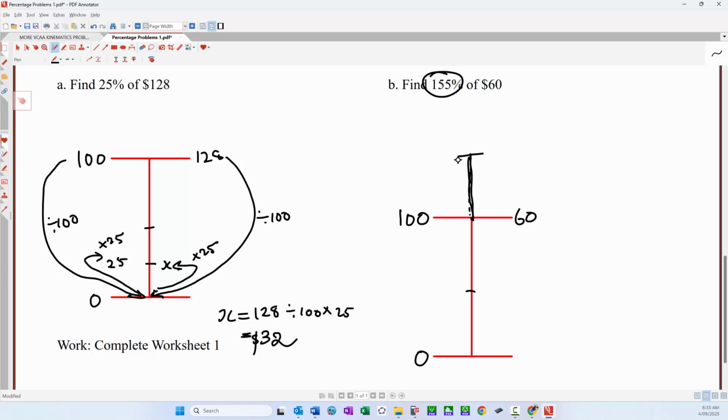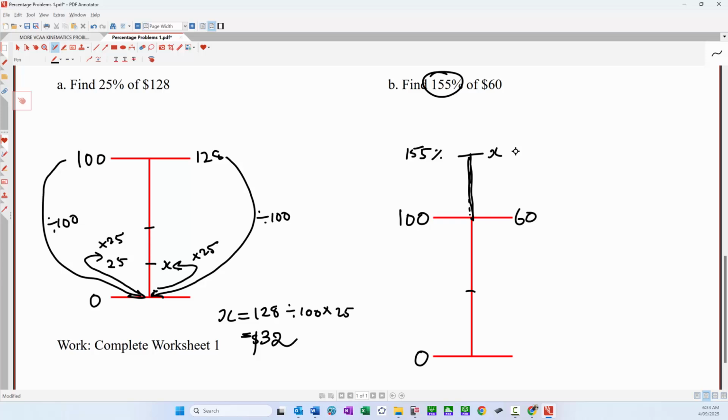You don't have to get the ruler out or measure anything. This is just supposed to be a visual tool to understand what's going on. So here's 100%, and what we're after is 155%. I want to know what that amount is. That's the unknown.